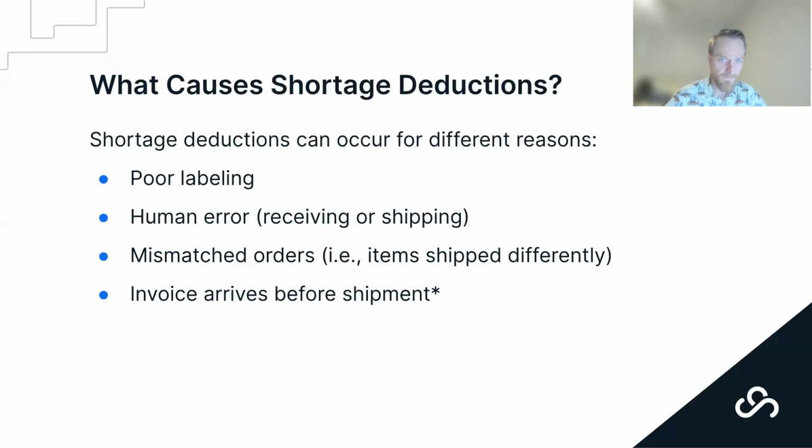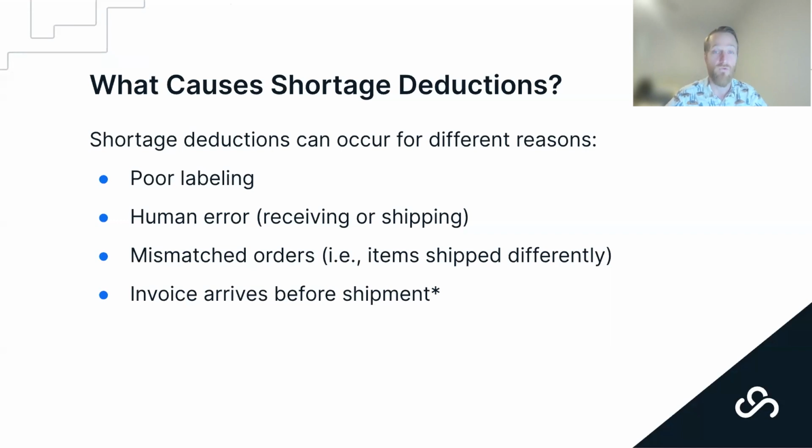And then another common scenario is invoicing. A lot of suppliers invoice the same day that you ship out goods. And sometimes that truck may take some time to get there, or sometimes it may be a drop trailer that takes some time to unload.